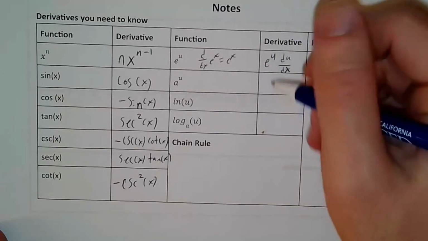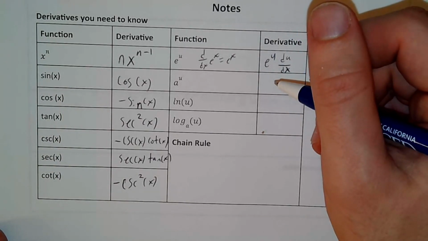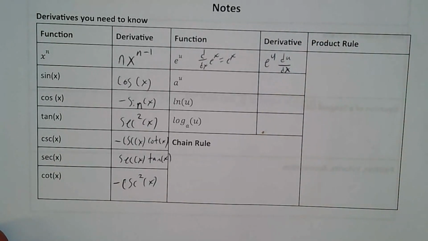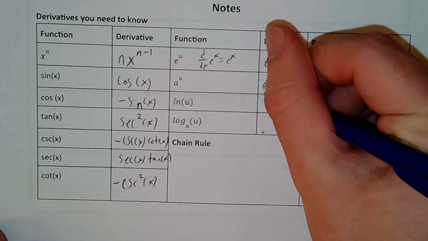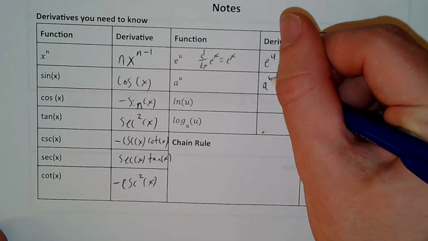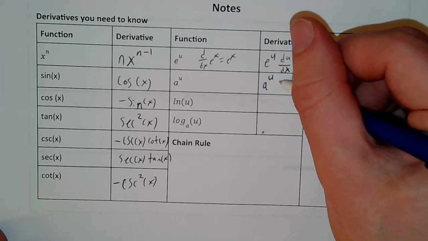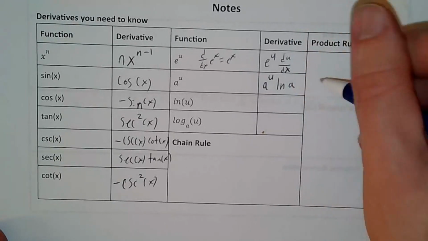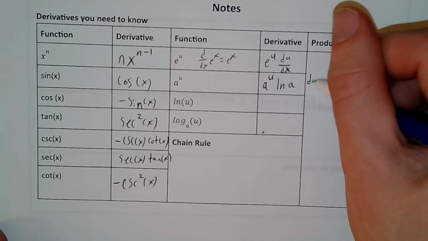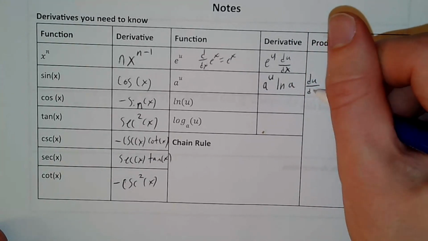The derivative of a to the u is a to the u times ln a times du dx.